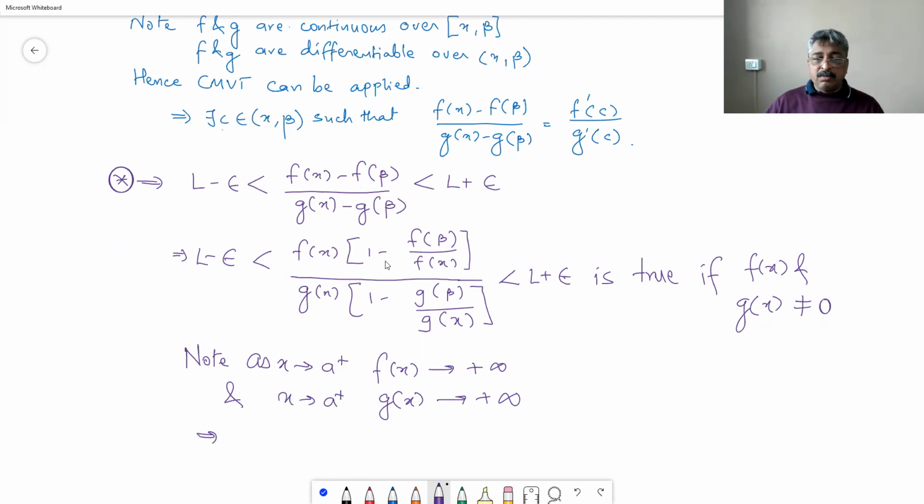Therefore 1 minus f of b, okay, b is a finite point. Let me write down that also.